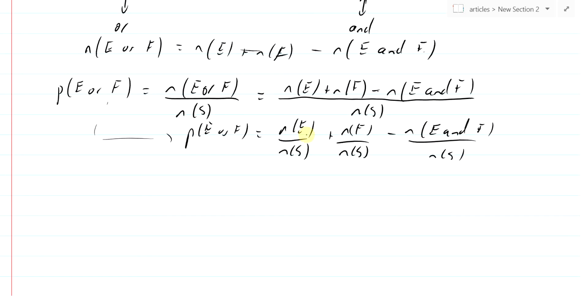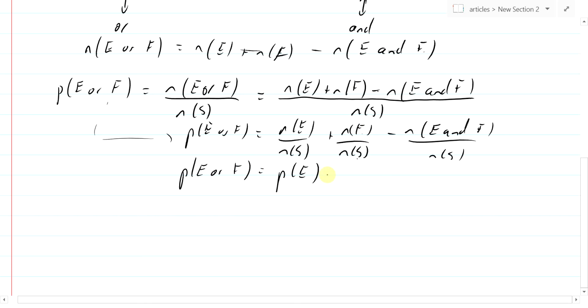Right? But number of ways E can happen divided by number of things that can happen, that's the probability that E can happen. This is the probability that F can happen, minus the probability that they happen together.